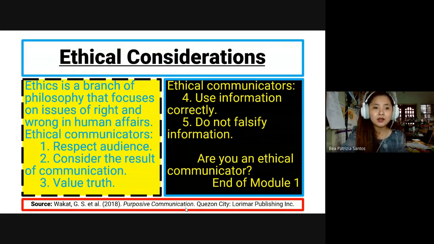Ethical communicators respect audience, consider the result of communication, value truth, use information correctly, and do not falsify information. So, as a part of your daily personal reflection, please think about, are you an ethical communicator?